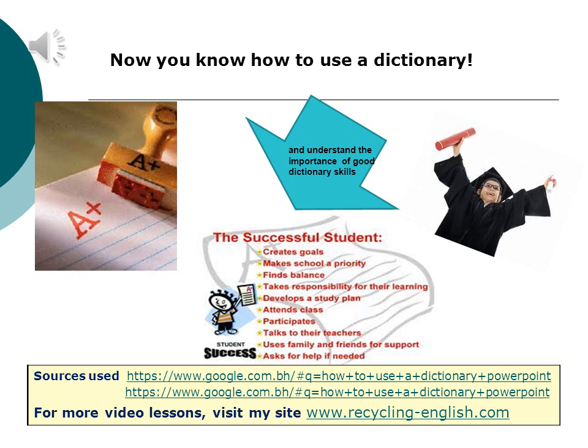I hope by now you know how to use a dictionary and how to understand the importance of good dictionary skills.